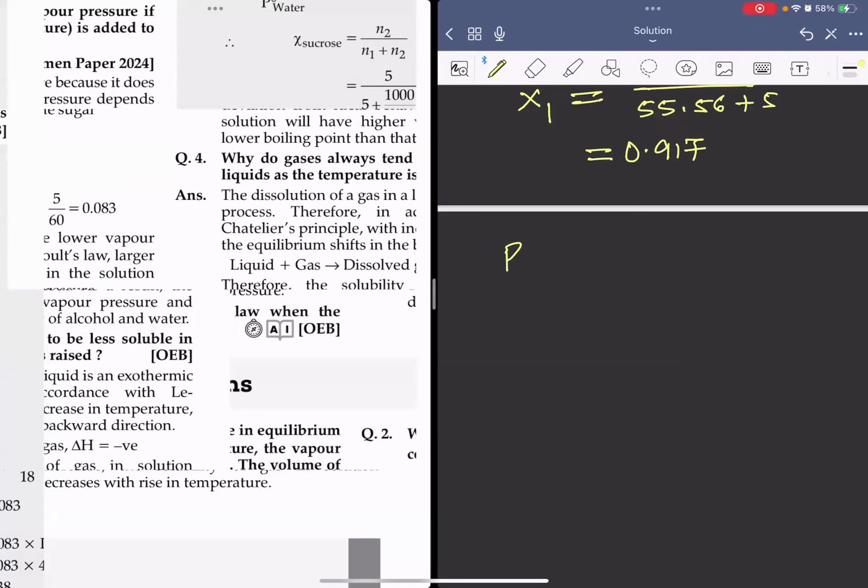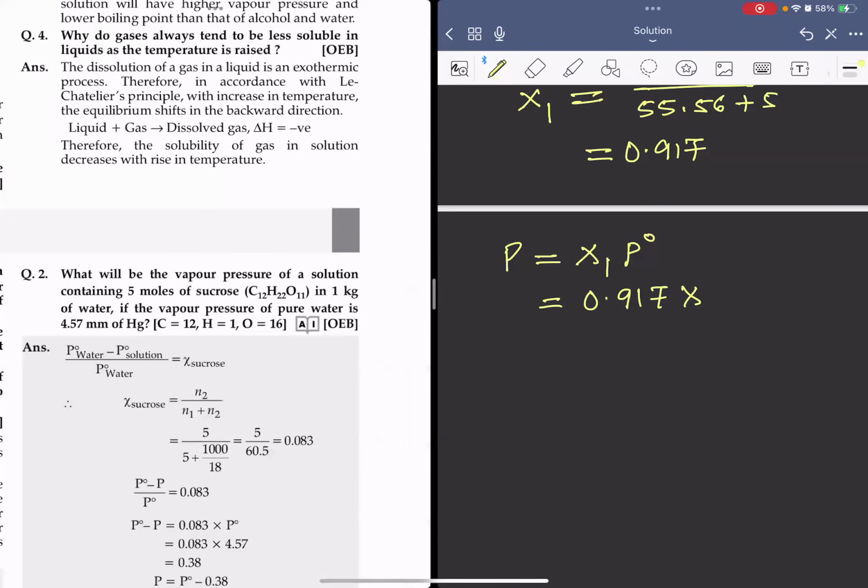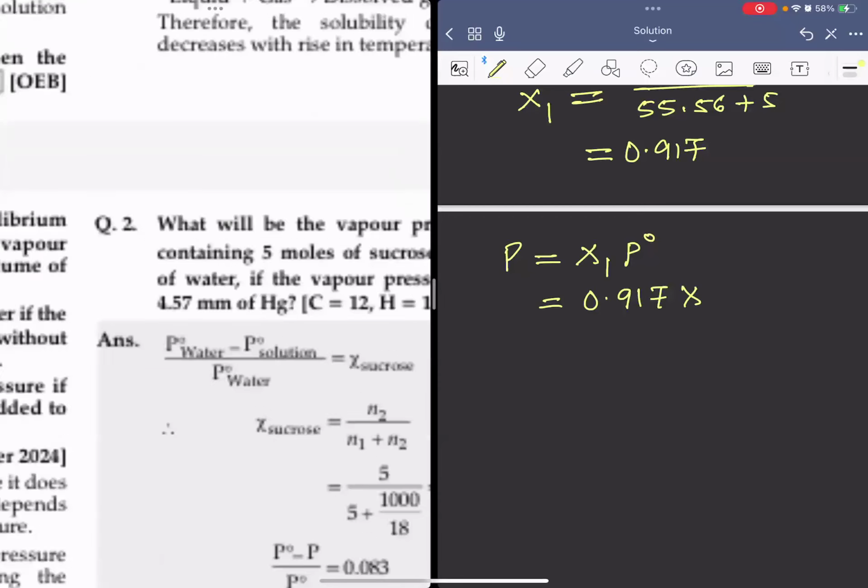Now we can easily get the vapor pressure of solution. Vapor pressure of solution is given by the product of mole fraction of solvent and the vapor pressure of pure solvent. Mole fraction is 0.917 into, what is the vapor pressure of the pure water given here? You see over here, 4.57.